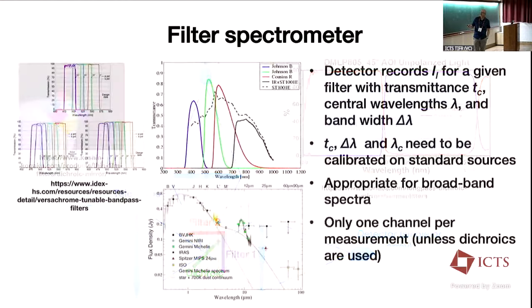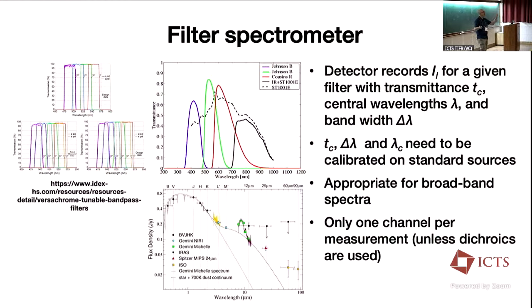I'll just go back. Okay, that's the filters, by the way. There are different types of filters. These are colored filters, so there is a bulk material that is filtering. They normally are very broad, and I'm showing them here also to show that the width is 100 nanometers or something like that.